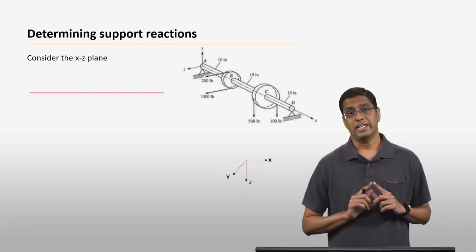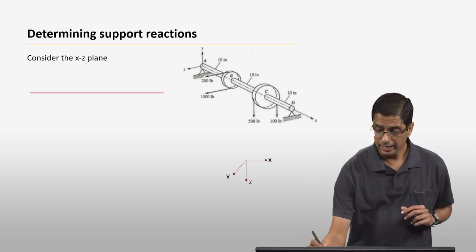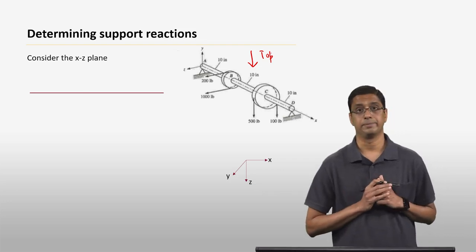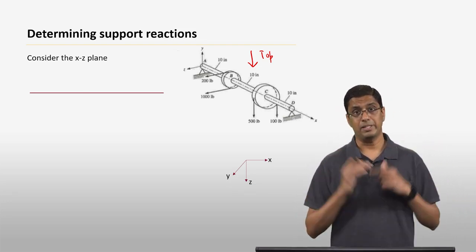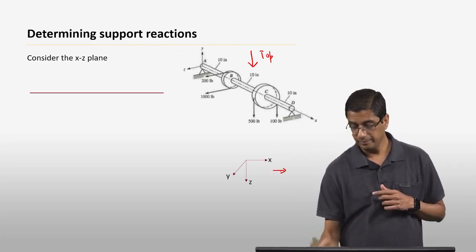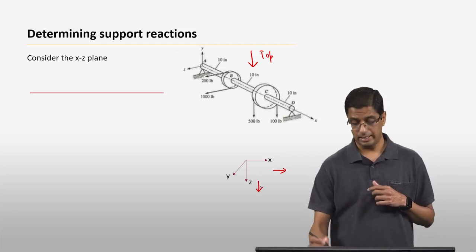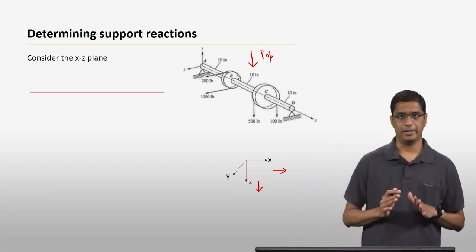The way we define the coordinate system in the xz plane is by looking at it from the top. If you look at this shaft from the top, you will see that x is going to the right, z is pointing downwards, and y is coming out of the plane. This is important.